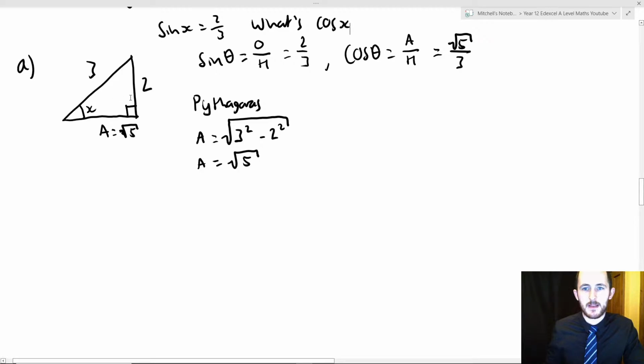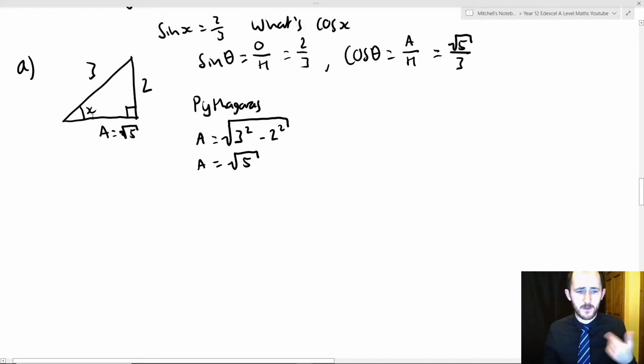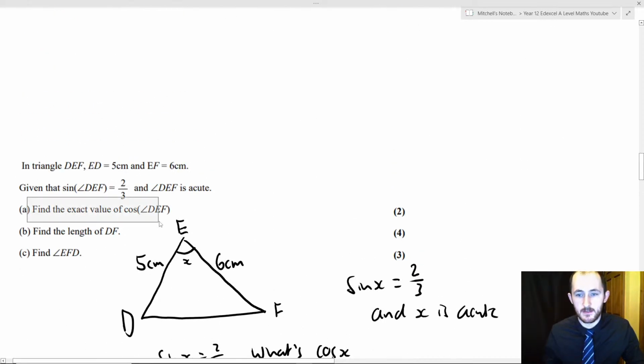Then would this working out make sense? So ignore the above triangle. If I just gave you this information, would it make sense that we can do this? Because what you'll find with A-level questions is that they're quite long. They give you like A, B, C, and D, and they're not always fully linked. Okay? So if I give you that sine x is equal to some fraction, I can always say, because that's what the question says, find cos.